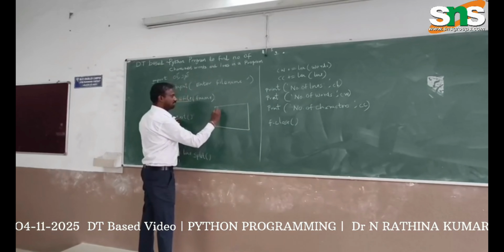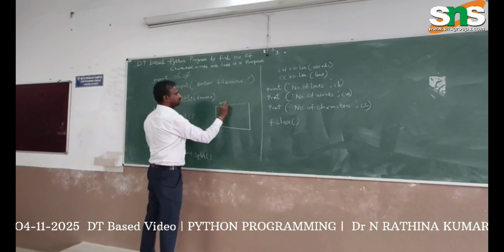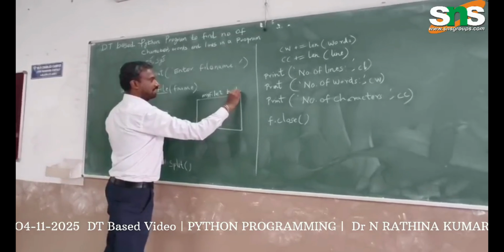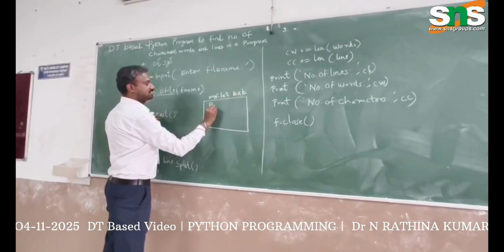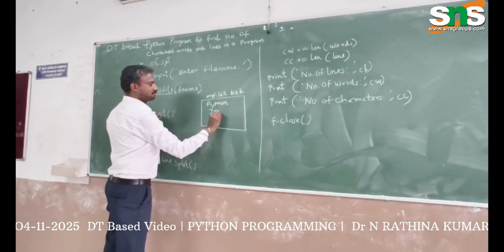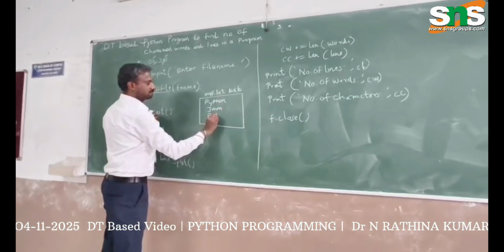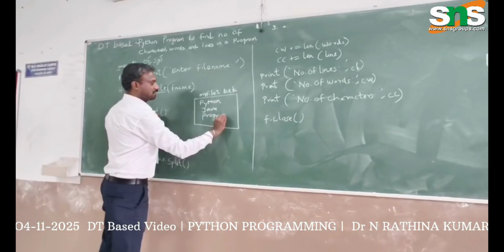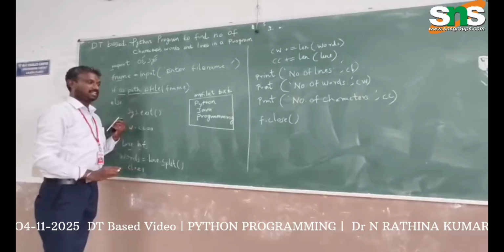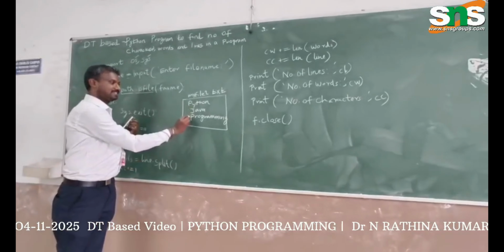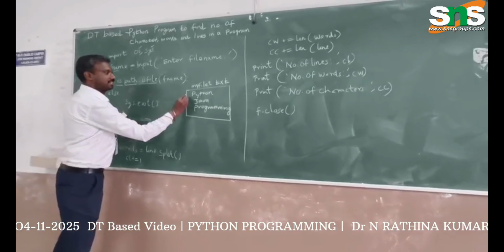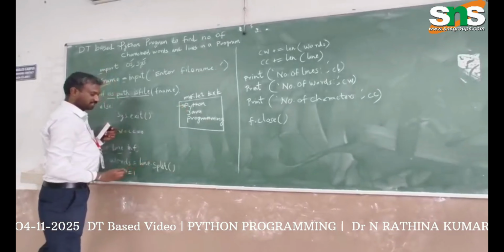For example, the file name is file1.txt, a text file, and it contains 3 lines: Python, then Java, then programming. Here I am showing one file. It contains 3 lines. For how the for loop executes, first it checks the first line.